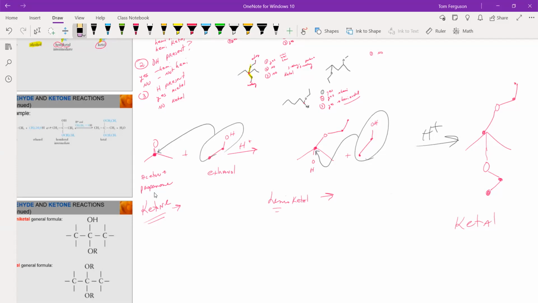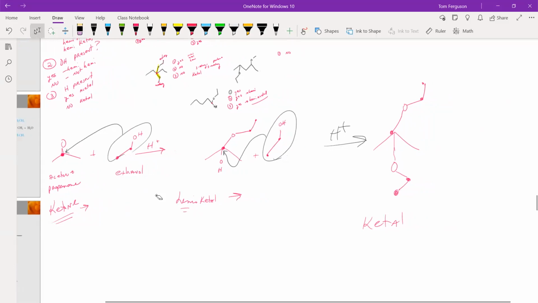So when you're looking at these things, once you identify the ketal, how do you make the thing? You've got two parts. You've got the original backbone, the aldehyde or ketone from which you started. Then you've got alcohols sticking on here.